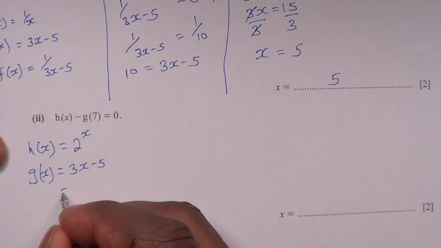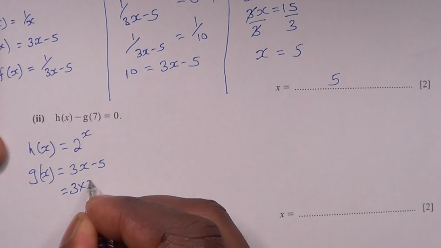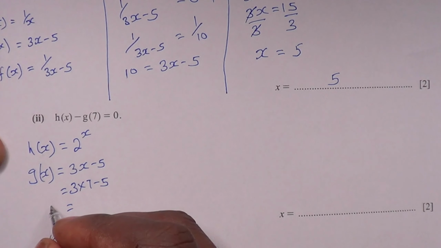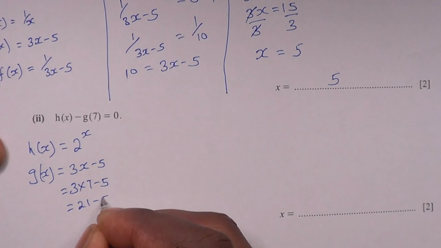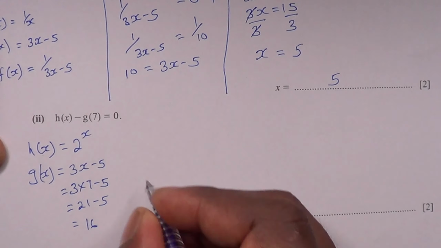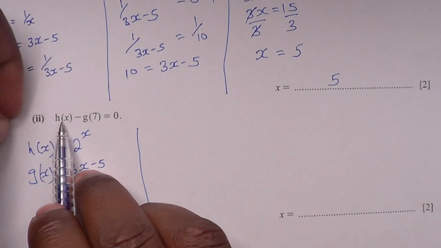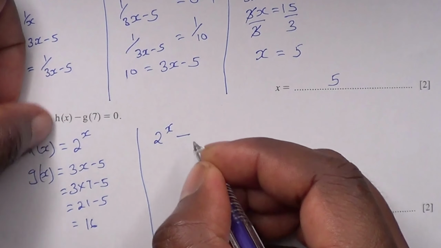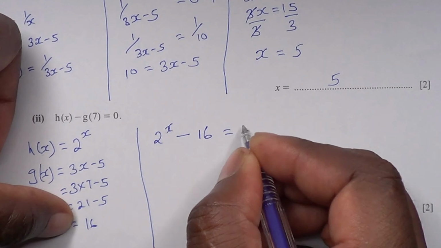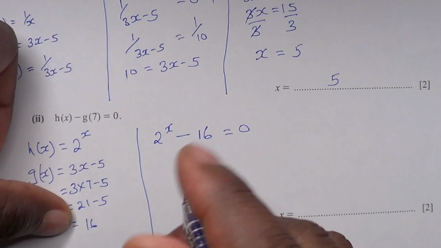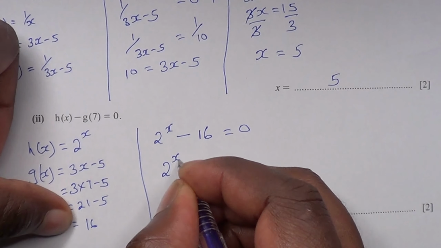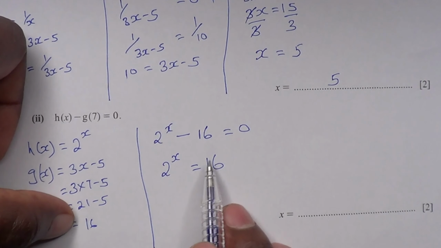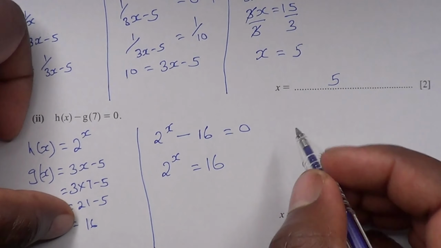Now let me replace this: 3 times 7 minus 5, whereby this is 21, 21 minus 5, we get 16. So it is now 2 power x minus 16 equals 0. I take this one to the other side, that is going to be 2 power x equals 16. Now I need to change this 16 to have the same base as this one here.